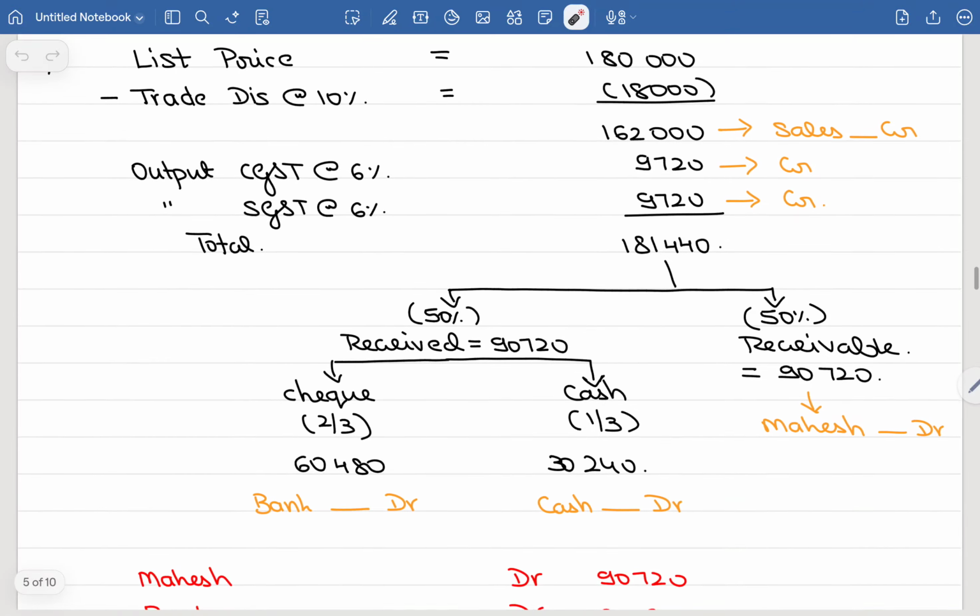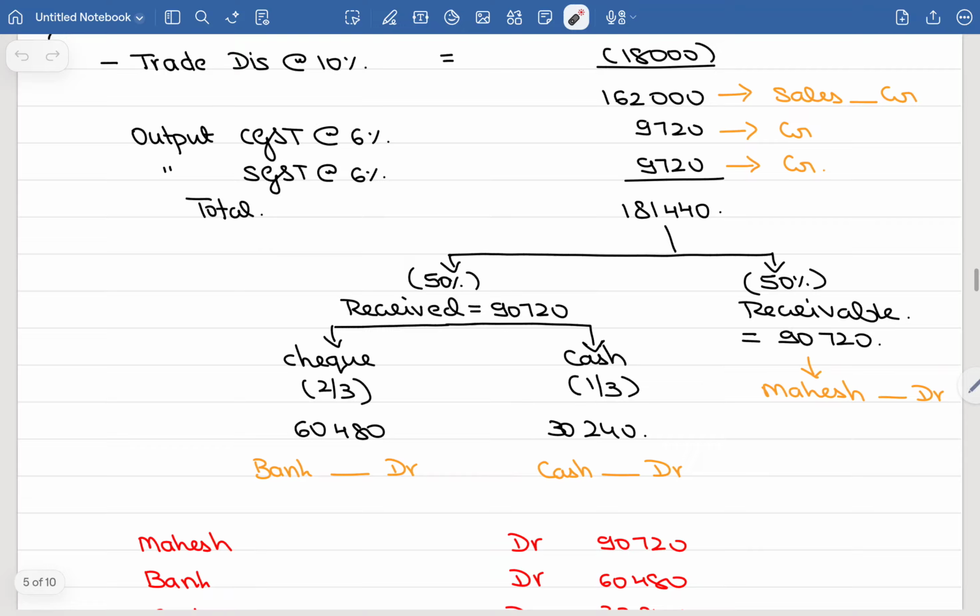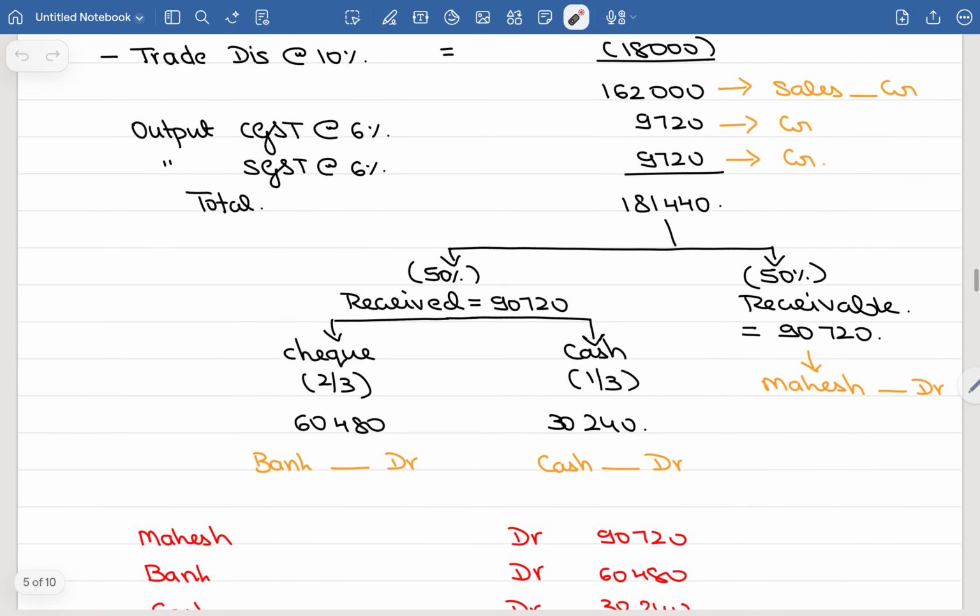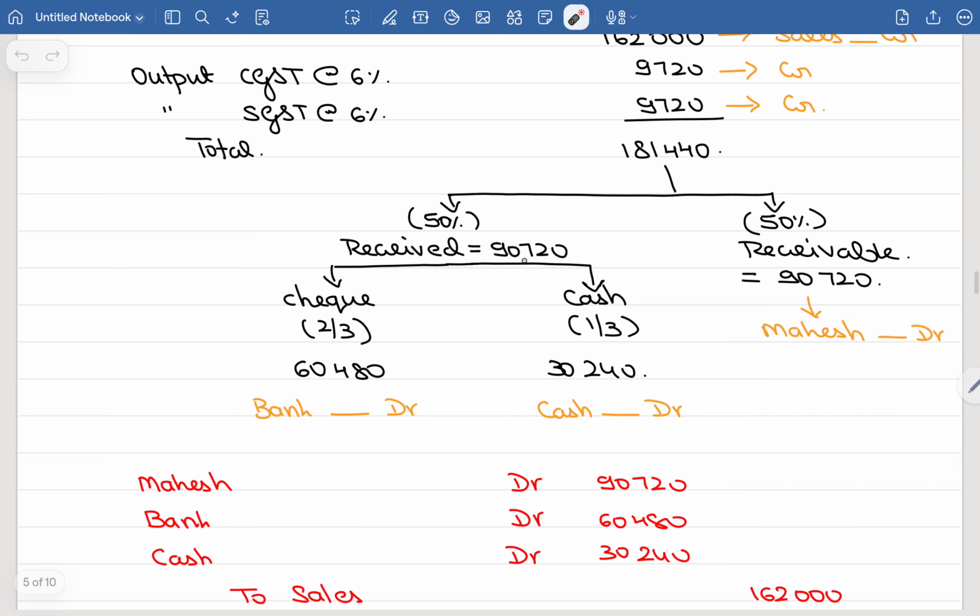Out of this 1,81,440, he has paid 50% now. 50% is still receivable for us. So received 90,720. Out of 90,720, 2/3 is received by cheque and 1/3 is received by cash. So 60,480 is received by cheque, 30,240 is received by cash.